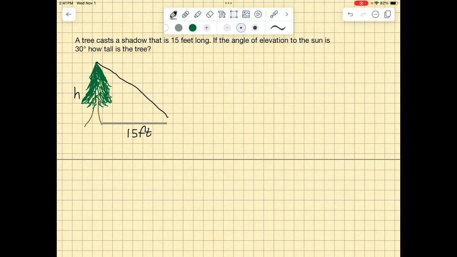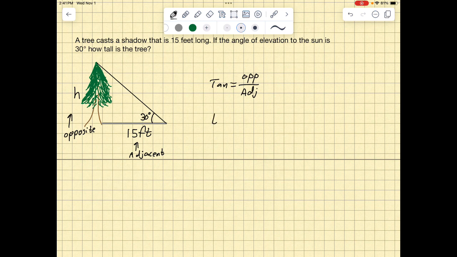We connect these, and of course this is not to scale, but they told us that this would be a 30-degree angle. So if we have an angle, and we have here the adjacent side, and we want to find the opposite side, we're going to be dealing with tangent, because remember the tangent is the opposite over the adjacent.